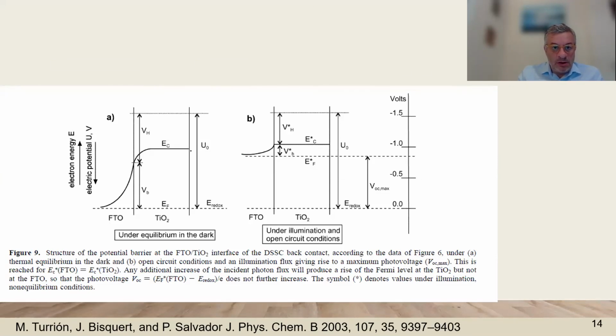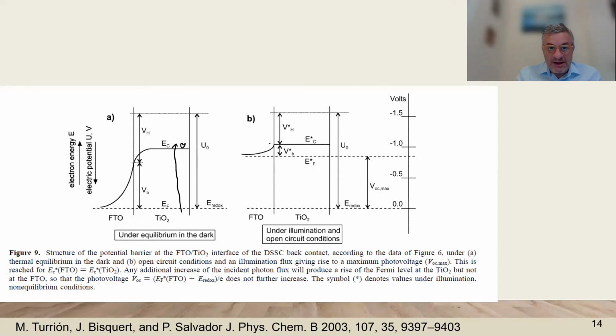Here we show an example for a dye-sensitized solar cell. Here is a TiO2 and electrolyte. This is the band of TiO2, and this is the FTO contact. When the photovoltage is created, we are going to generate electrons up here, and the Fermi level rises, and the barrier at the FTO is going to decrease up to the initial work function of the FTO.